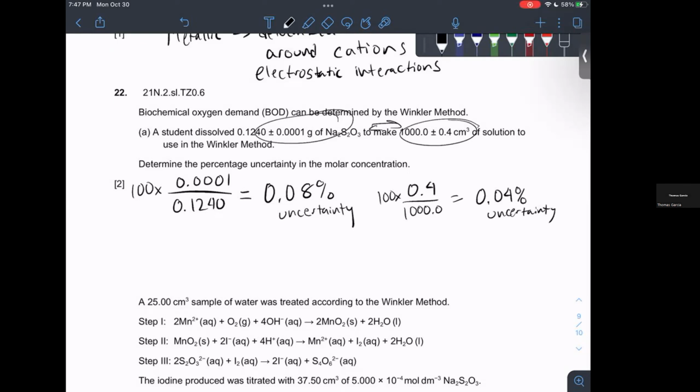Then all I do is I take 0.08% plus 0.04%, and I get a total of 0.12%, and that is my answer. When you write it out like this, it seems much easier than it is. It really is. You just take the percent uncertainties of each of them and add them.